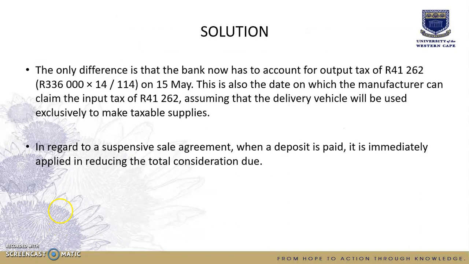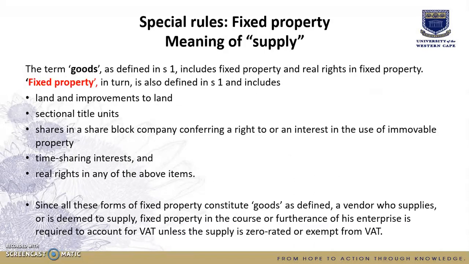The only difference is that the bank now has to account for output tax of 41,262 on the 15th of May. This is also the date on which the manufacturer can claim the input tax of the 41,262, assuming that the delivery vehicle will be used exclusively to make taxable supplies. Important here, this delivery vehicle does not satisfy the definition of a motor car. In regard to a suspensive sale agreement, when a deposit is paid, it is immediately applied in reducing the total consideration due. That's very important. If I'm paying a deposit, I need to deduct that from the total consideration which is due.